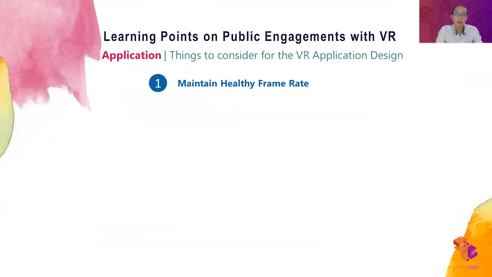So starting with application. I'll just go a bit high level, but most importantly, we need to have the VR application maintain a healthy frame rate. So what this means is that every single second, the VR application needs to refresh its frames 60 times or up to 90 times per second.